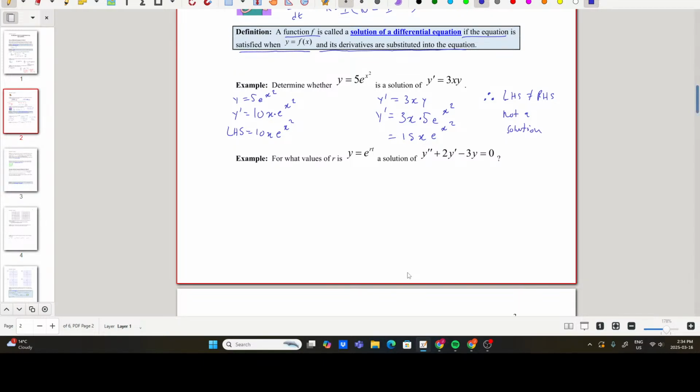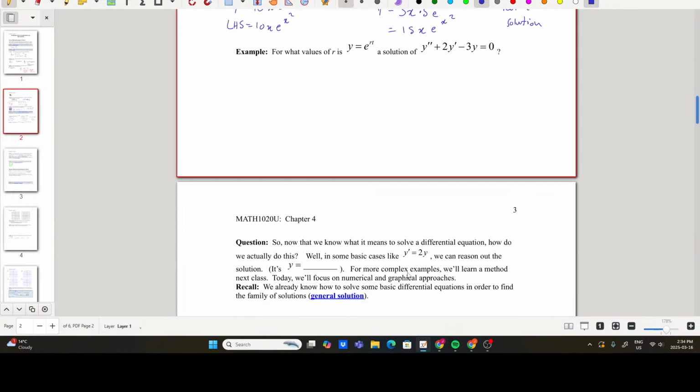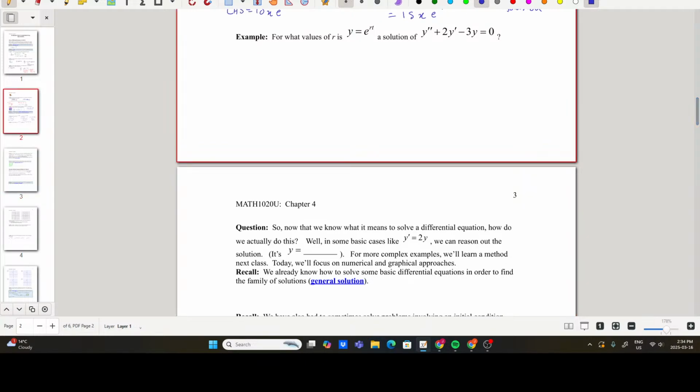Okay, there we go. Now for our next question: for what value of r is y equals e to the rt a solution of y double prime plus 2y prime minus 3y equals 0? So let's do this.